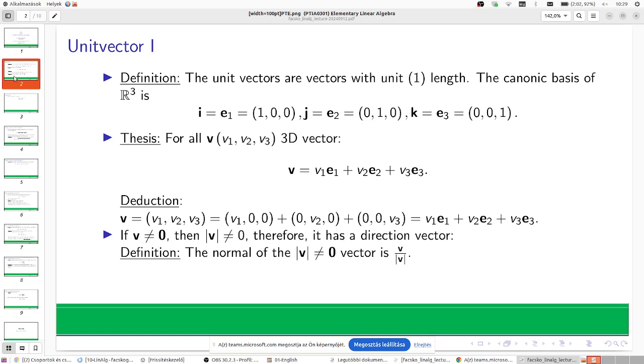And you can decompose the vectors. In two dimensions you can decompose all vectors into two vectors, and the original vector will be the sum of these. In three dimensions you can do it with three different vectors.